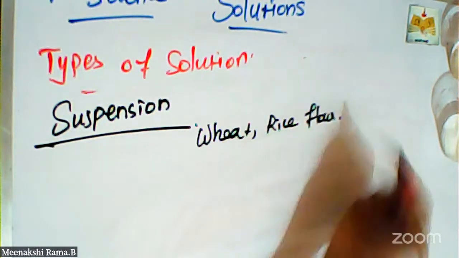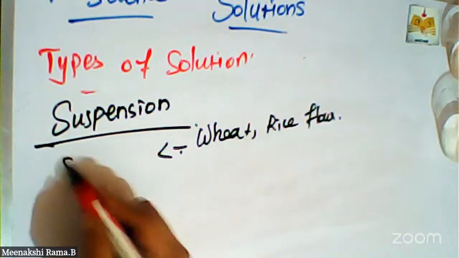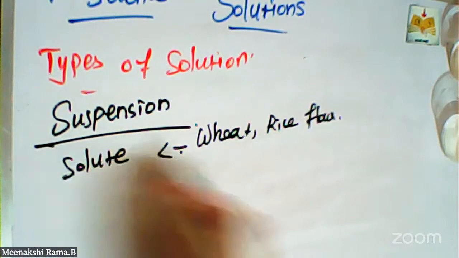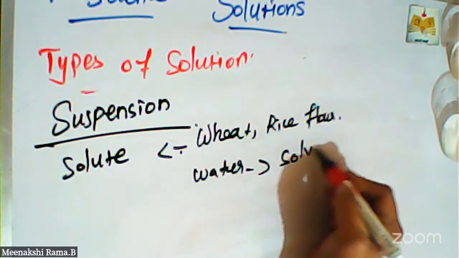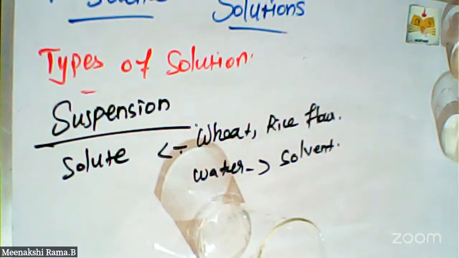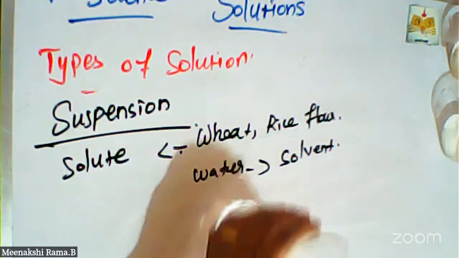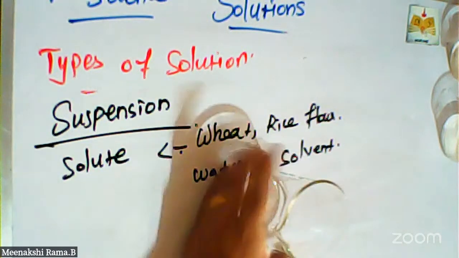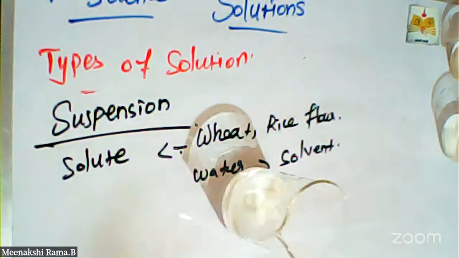So now I am going to take some flour. Wheat flour is the solute and water is the solvent. In this suspension category, taking some quantity of water, put some flour.